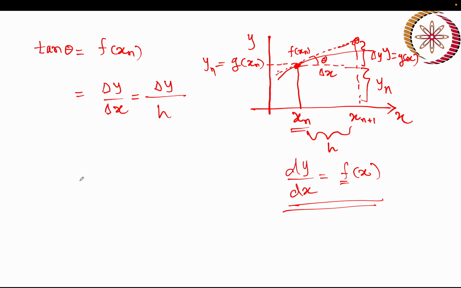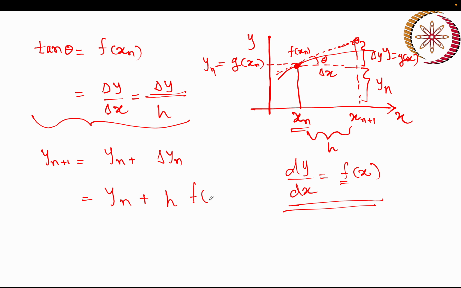Then yn plus 1 is nothing but yn plus delta yn, which is yn plus h into f of xn. So this is the Euler method: we get the derivative and multiply with h. That gives the increment in y, and we get the approximation for yn plus 1.